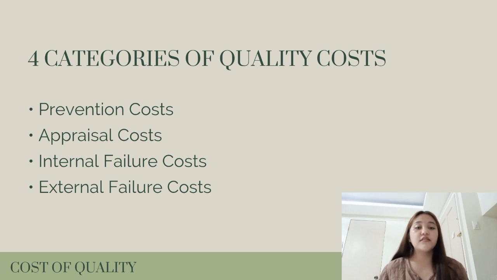While failure costs are the costs incurred by an organization because failure activities are performed, also considered as non-conformance costs, incurred because defects are produced despite efforts to prevent them.